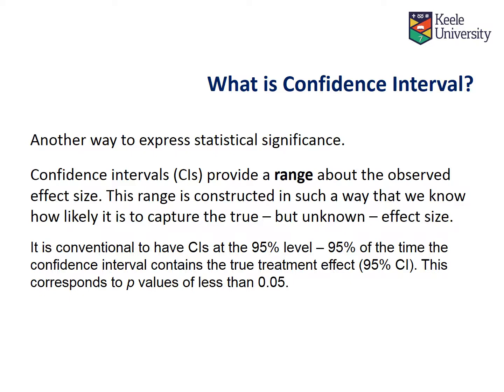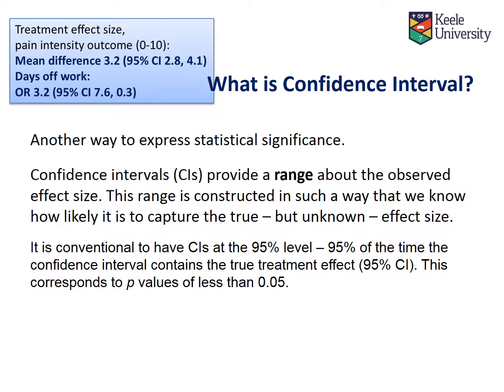And we will come to examples of that so that we understand, such as this example. If we look at the mean difference here in the pain intensity outcome scale 0 to 10 of 3.2, with a 95% confidence interval of 2.8 to 4.1, it means that the mean is 3.2. So we found a difference in the trial of 3.2 on pain intensity.